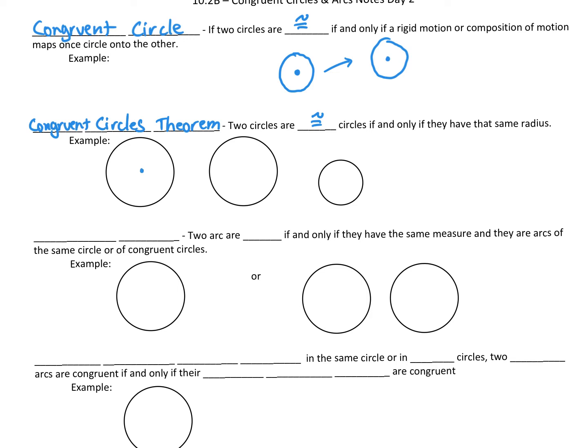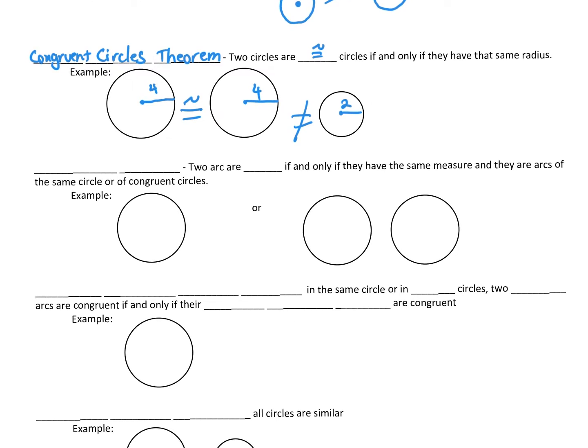So let's say this radius is 4 and this radius was 4 and this one just happens to be 2. Well, the two bigger ones are congruent, whereas the smaller one is not congruent at all to the other ones.